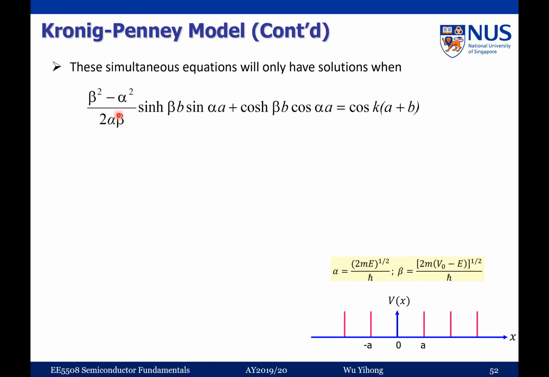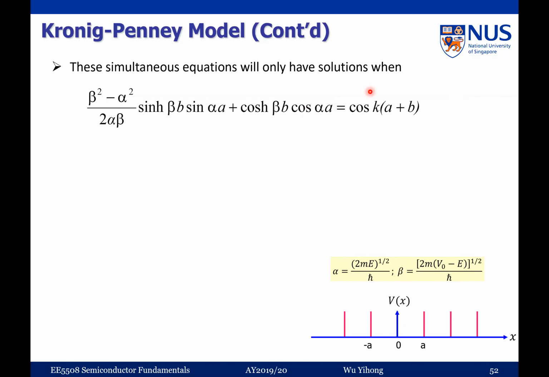So you have energy and barrier height. The barrier height is also given, right? M is the mass, suppose it's given, and h is Planck's constant. So inside beta, the only unknown is E. And also for alpha, the only unknown is E. It's energy, right? So they have energy here and energy here.